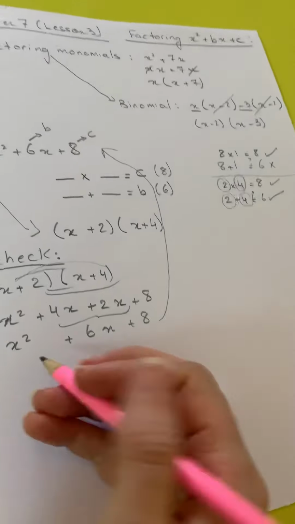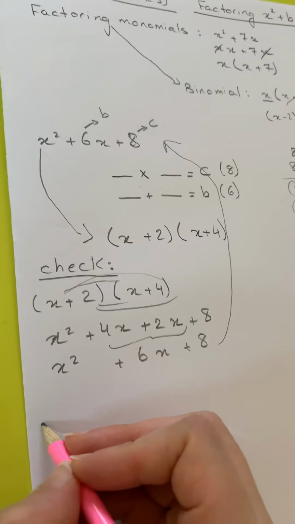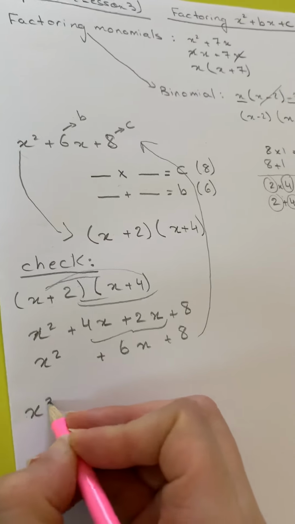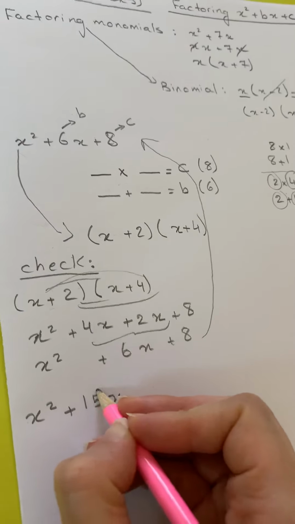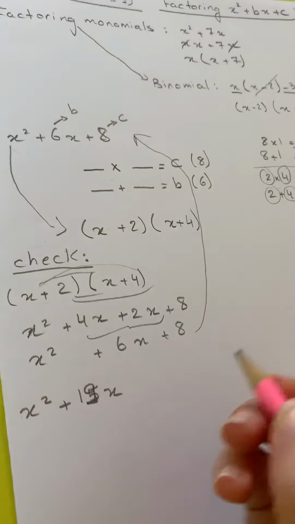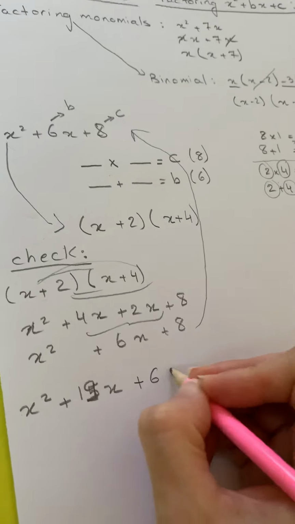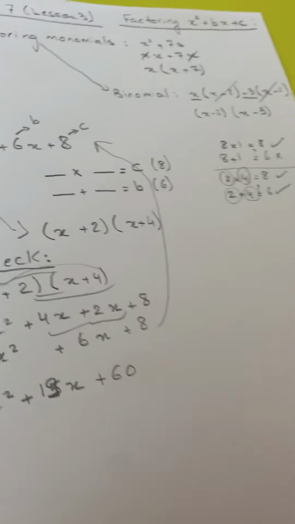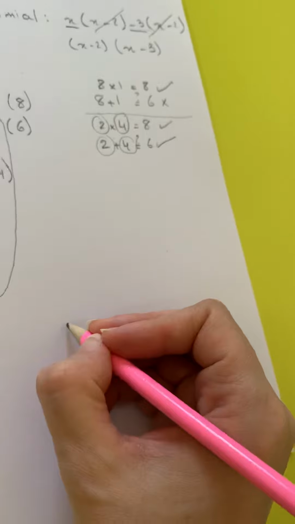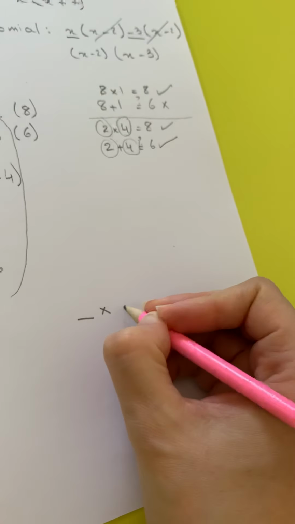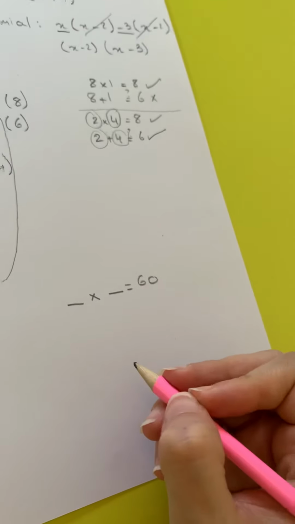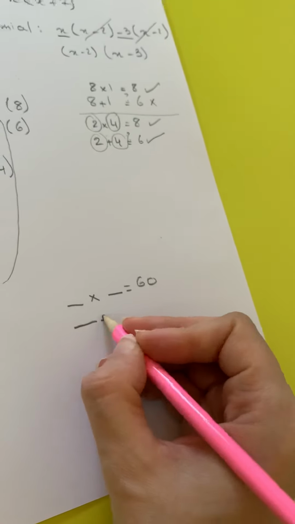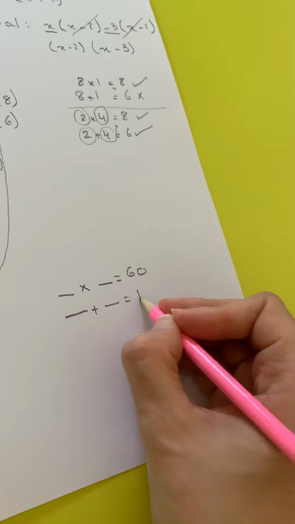Let's try another example. For example, if you have x^2 + 19x + 60, now I have to look for two numbers. If I multiply them, it will be 60, and if I add them, it will be 19.